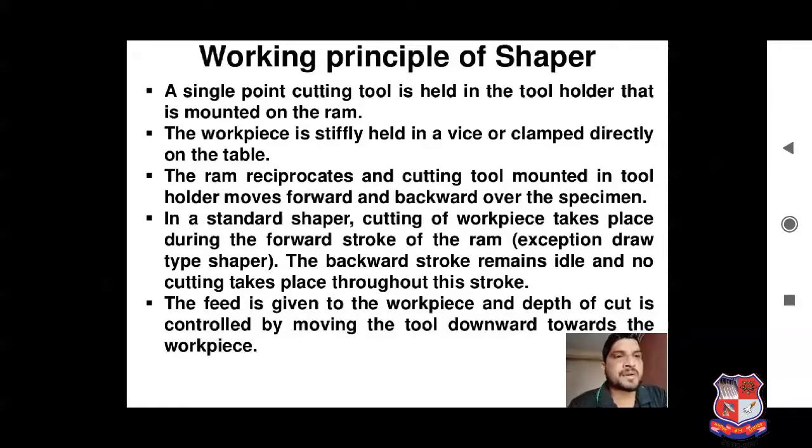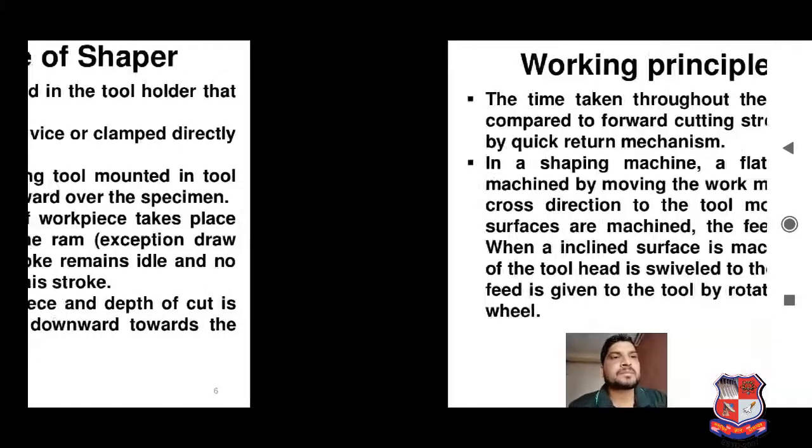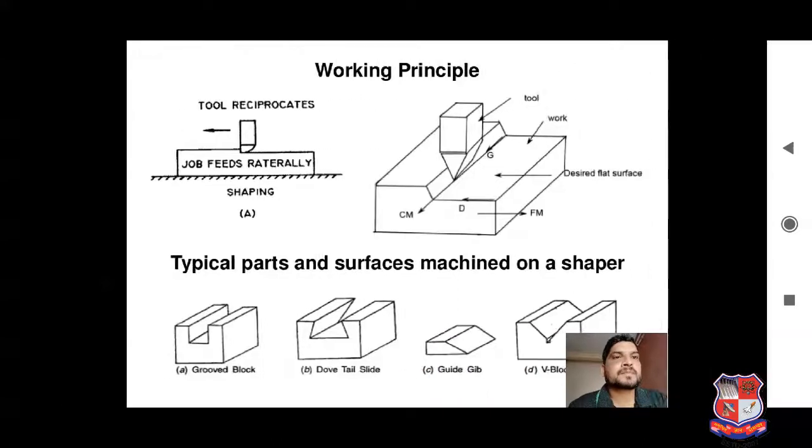Now the third parameter, depth of cut. Depth of cut is the penetration of the tool into the workpiece. So in the case of the shaper, depth of cut is given to the tool, which is moved in the downward direction. So you can see the working principle of the shaper machine.